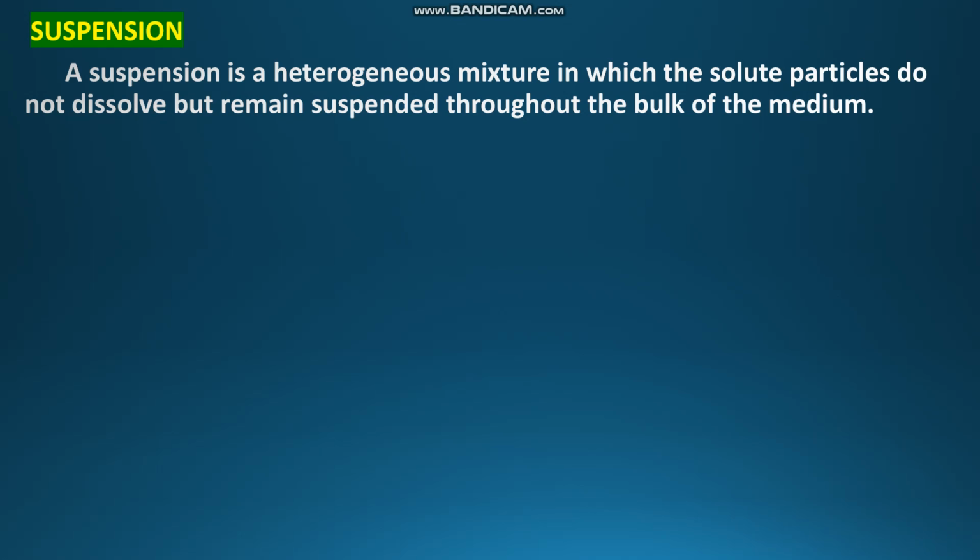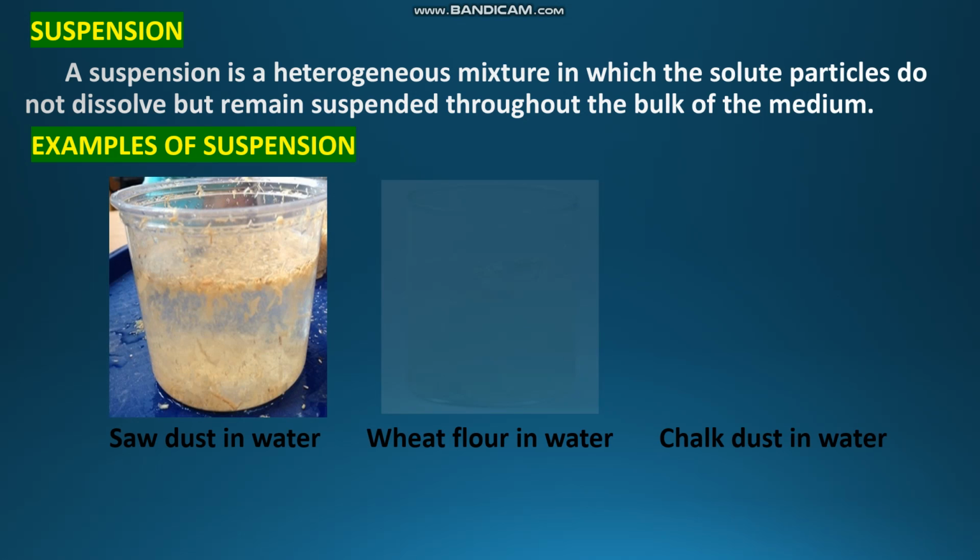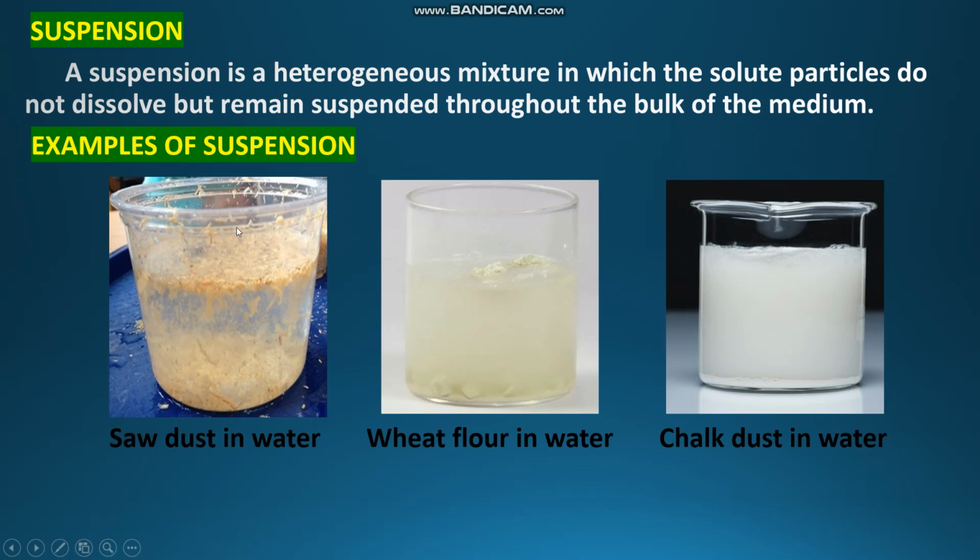A suspension is a heterogeneous mixture in which the solute particles do not dissolve but remain suspended throughout the bulk of the medium. So let us see a few examples of suspension. Sawdust in water. Sawdust we are mixing in water, it will not get dissolved. We are getting a suspension throughout the medium, throughout the bulk.